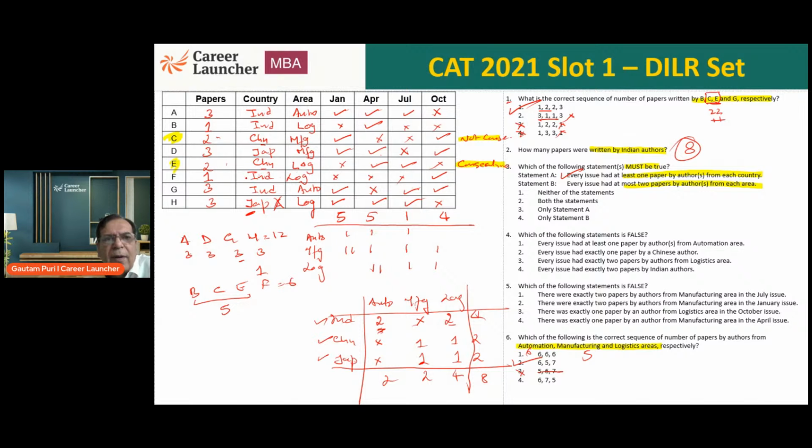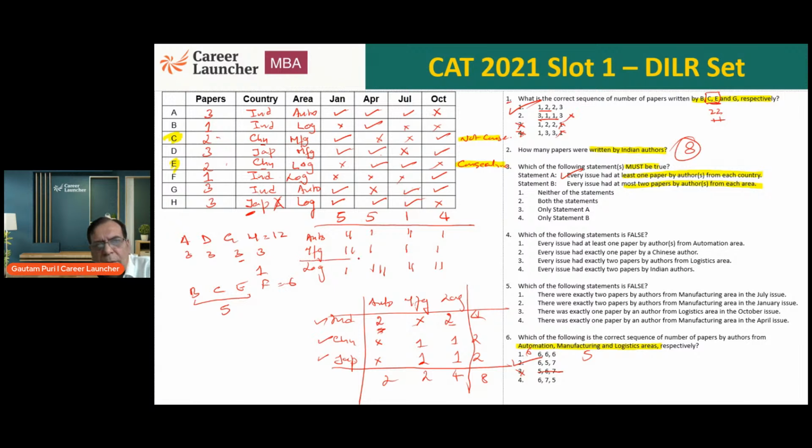Then we have F. Logistics, only 1 paper in October. Then we have G. Automation, nothing in April, but 1 in each of the other 3. Yes, there's 1 in January. Then in July. Then in October. And H, which is logistics. Logistics, January, April, July, nothing October.